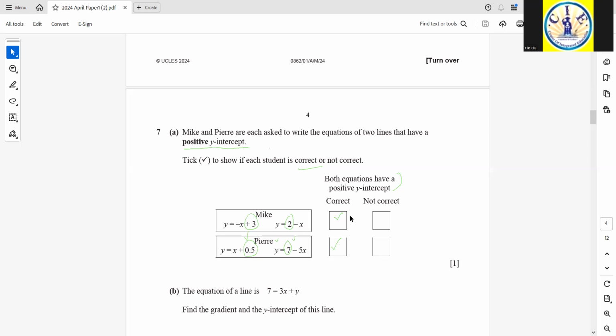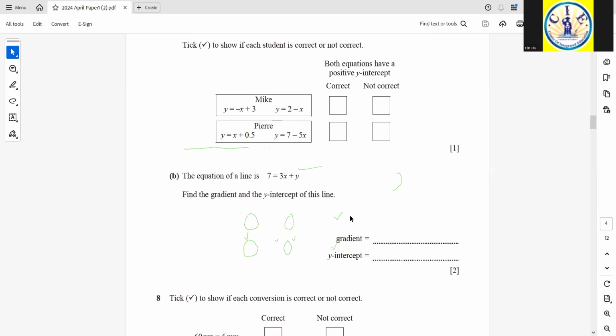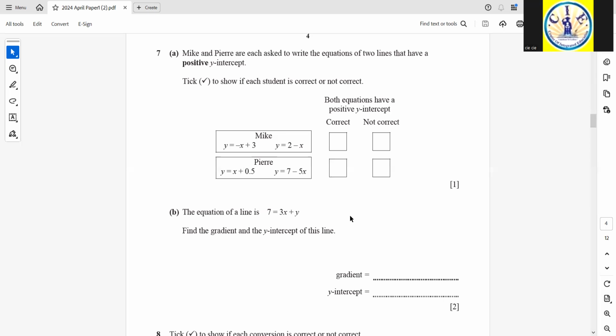Okay, then it is part B. The equation of a line is this. Find the gradient and the y-intercept of this line. The equation of the line is y is equal to mx plus c, where this is the gradient and this is the y-intercept.